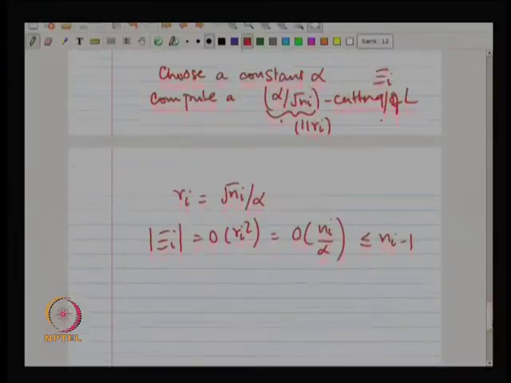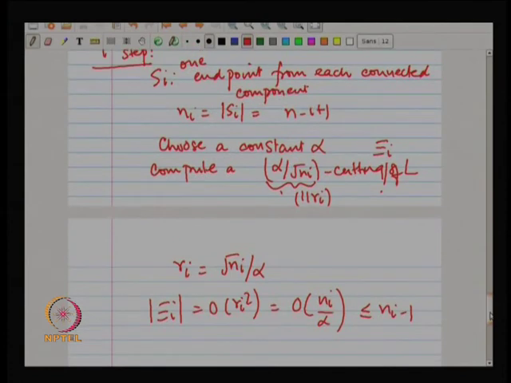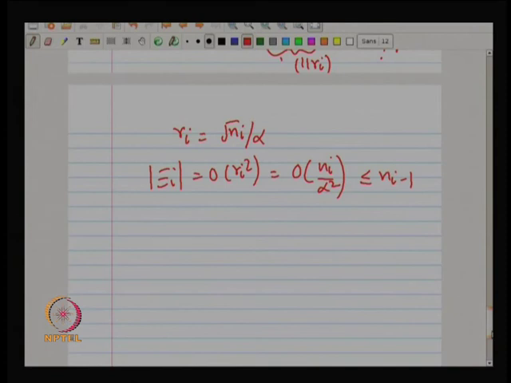Does this make sense, or did I lose you? So the size of the 1 over R I cutting is order of R I square, where R I was root n I over alpha, so you get n I over alpha square. If you choose alpha sufficiently large, this quantity will be n I minus 1. Now, what I know is the number of points is n I, and the number of triangles in the cutting is at most n I minus 1.